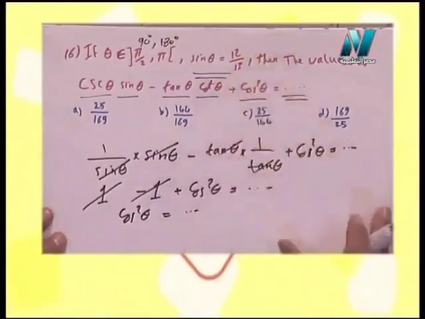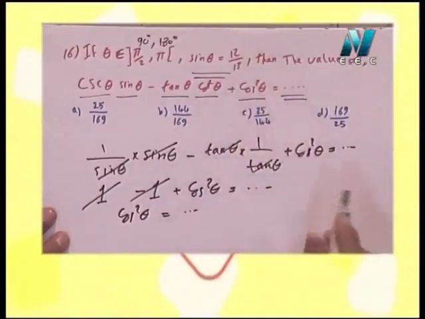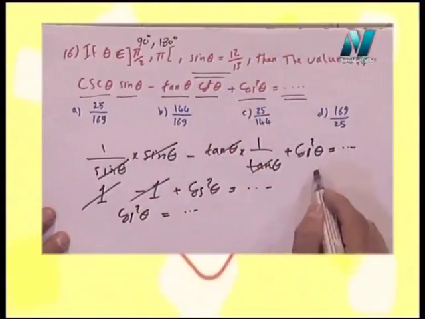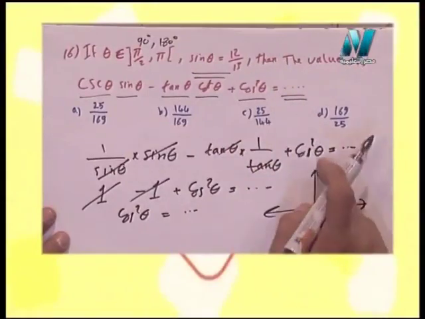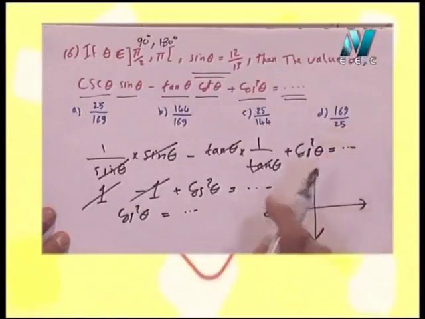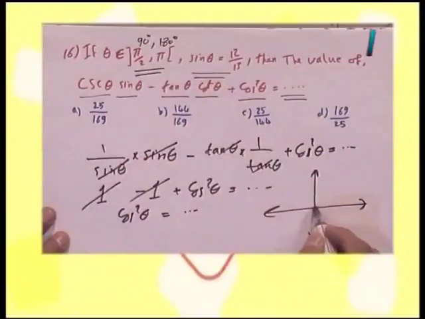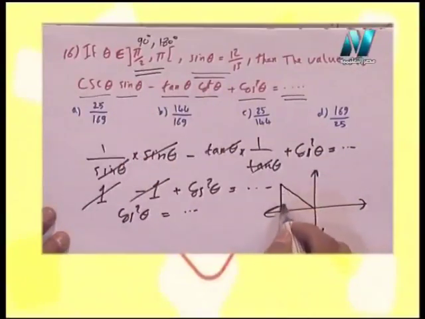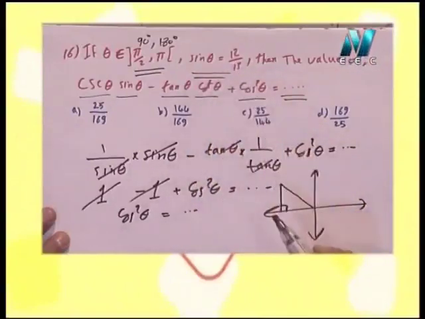We have here sine theta 12 over 13, and we have the quadrants. The first quadrant between 0 and 90, the second between 90 and 180, and this is the one. So we'll draw a right angle triangle like this, and sine theta positive here and equal 12 over 13.